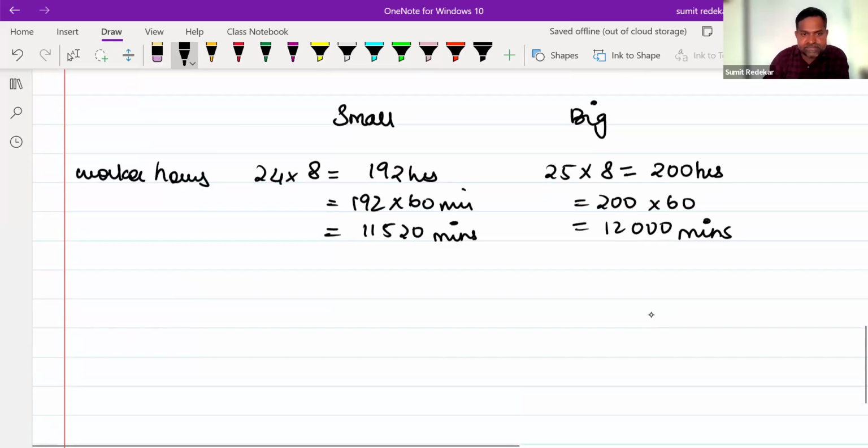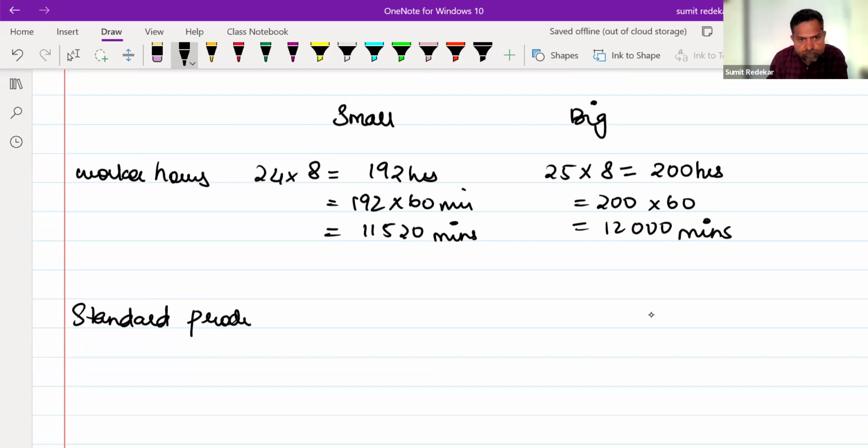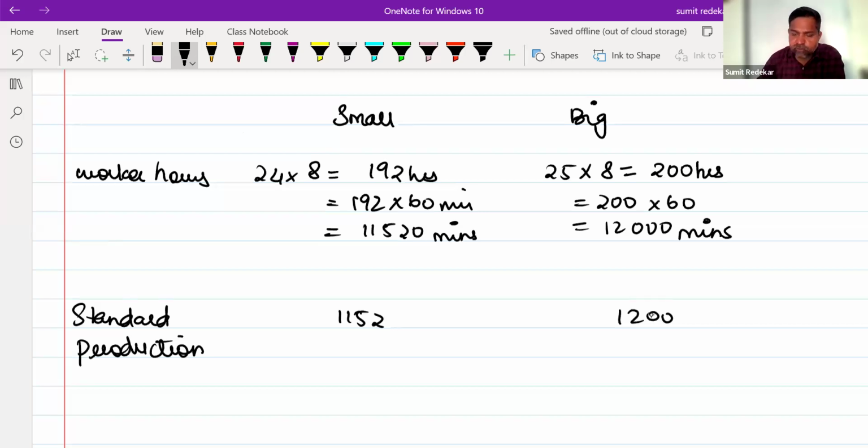Correct. Standard production, at 10 minutes per unit, is 1152 for small and 1200 for big. 1200 units should be your standard production.